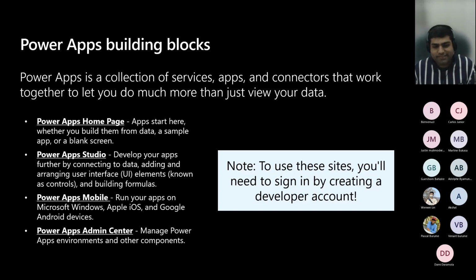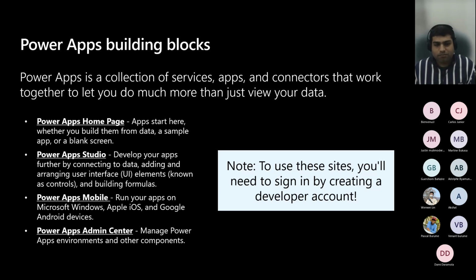So what is basically involved in building a Power App? We have a website to build Power Apps, which has four main components. So this is the home page where you will go and select what kind of app you want to build. Maybe you can use a template, or you can start with a sample, like a blank screen.